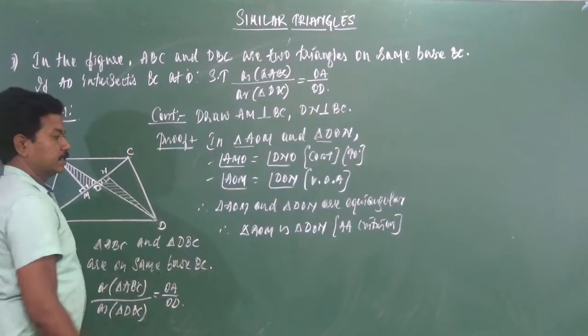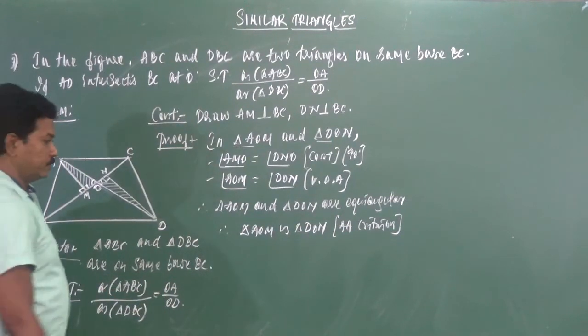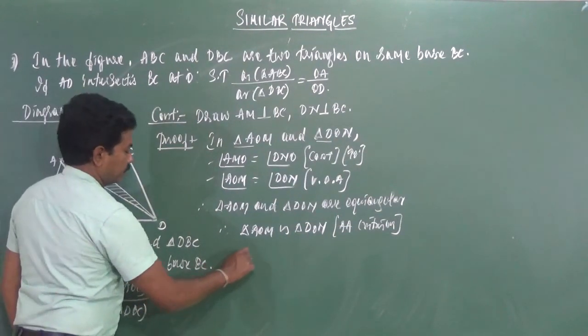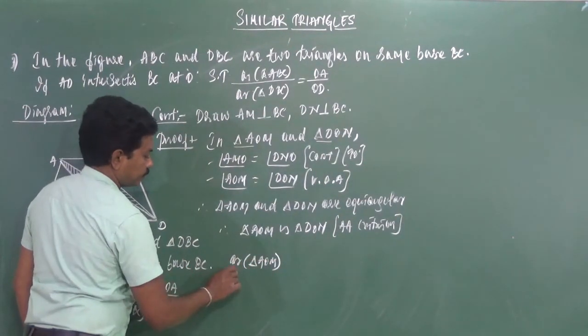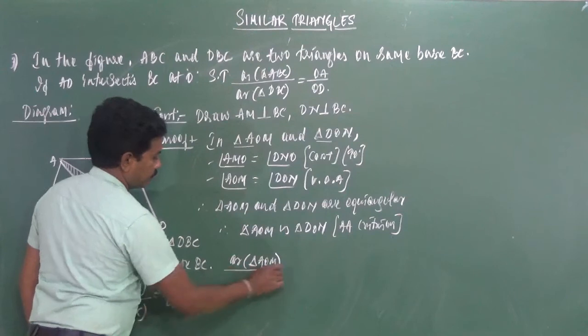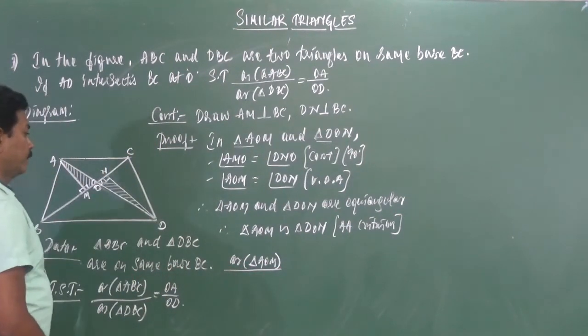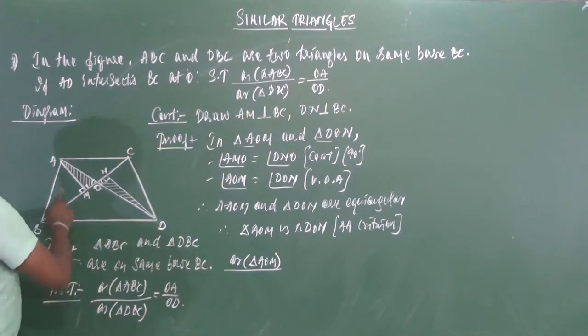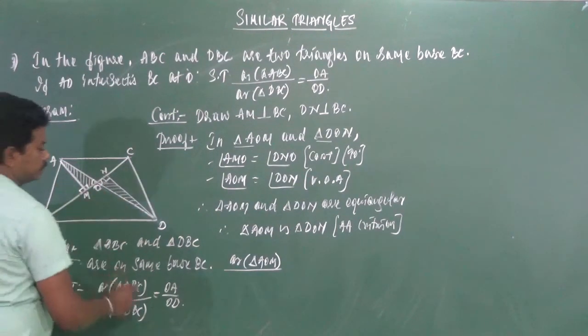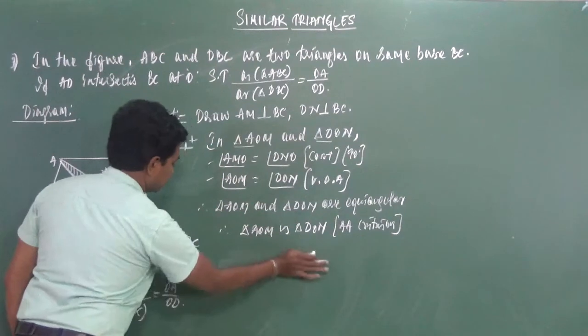So if two triangles are similar, we can apply the areas theorem, or we can take the proportionality. Let us take the proportionality, it is enough.